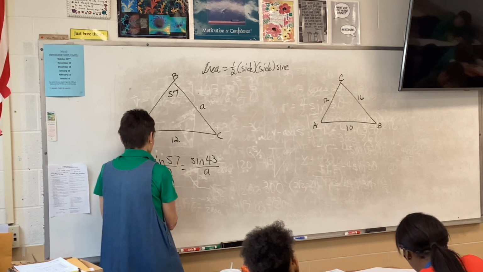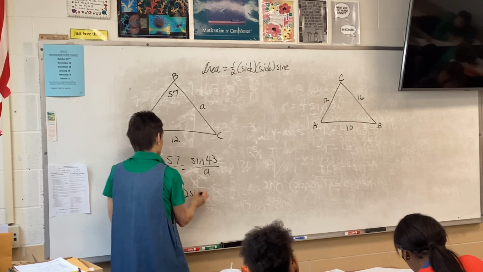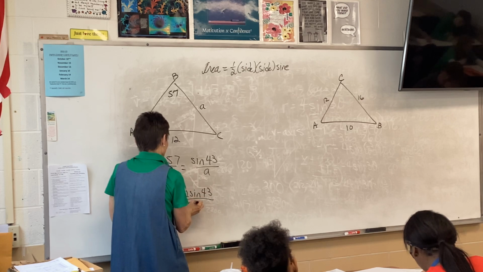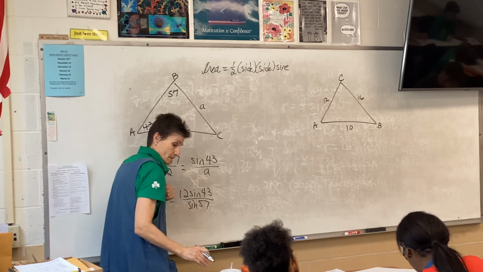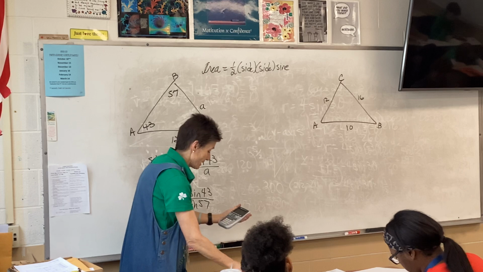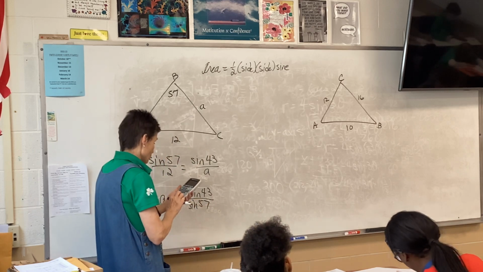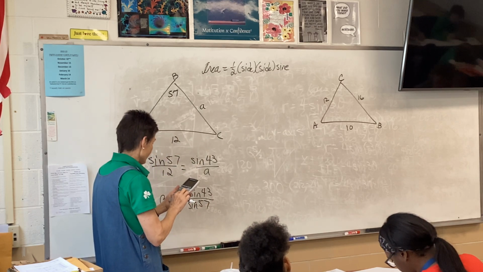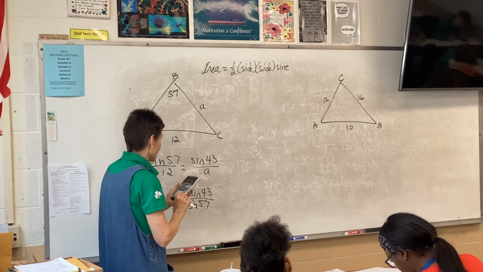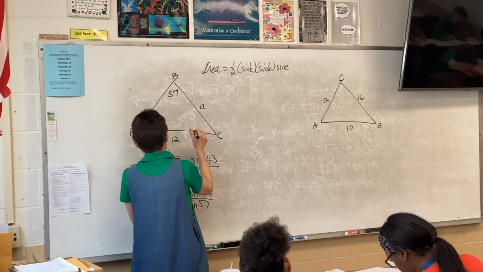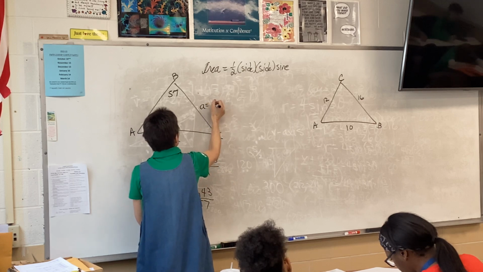So now we can find side A, which is 12 sine 43 divided by sine 57. Did you get 9.76? Yes.